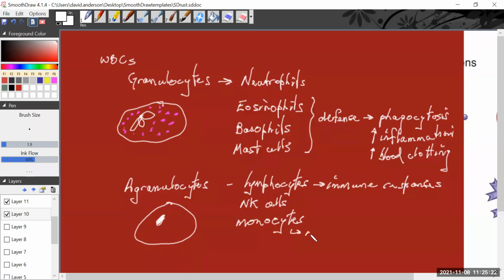Monocytes are literally, I drew a little mental block there, they're called a macrophage, which is literally saying they're a big eater, macrophage.